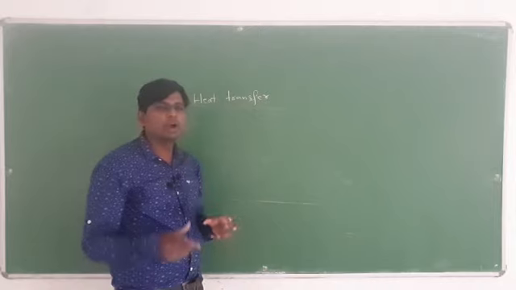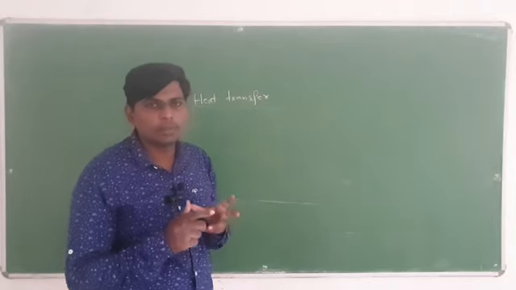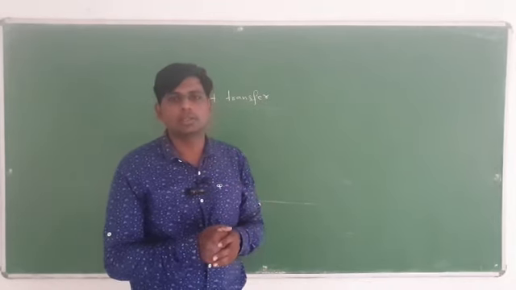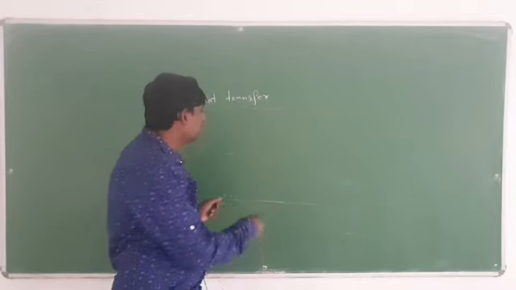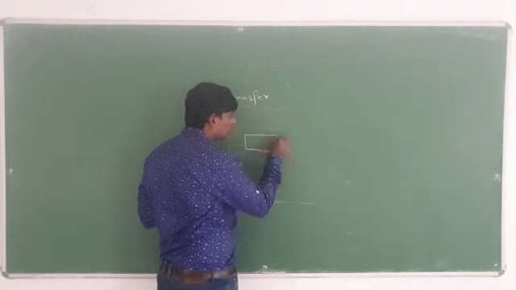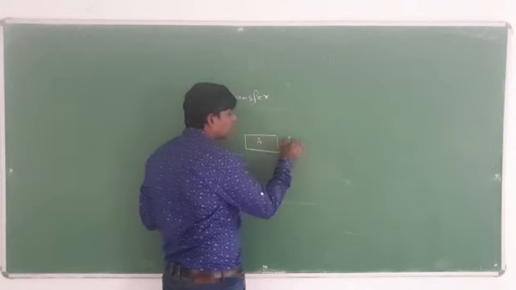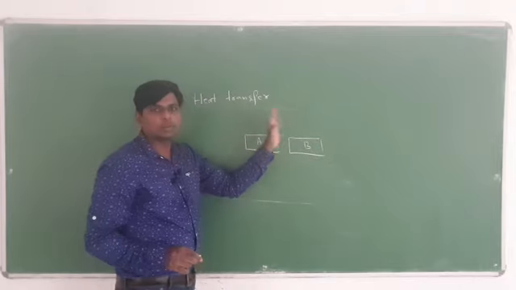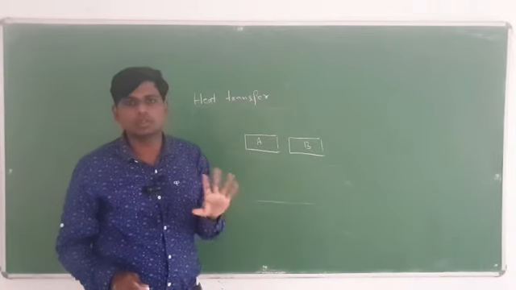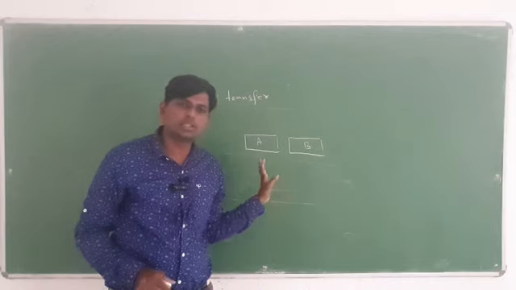Transfer means, suppose one hot body is there, and some cool body is there. Let us assume this one is body A and this one is body B. We are not considering the atmospheric or surrounding temperature, only these two bodies.